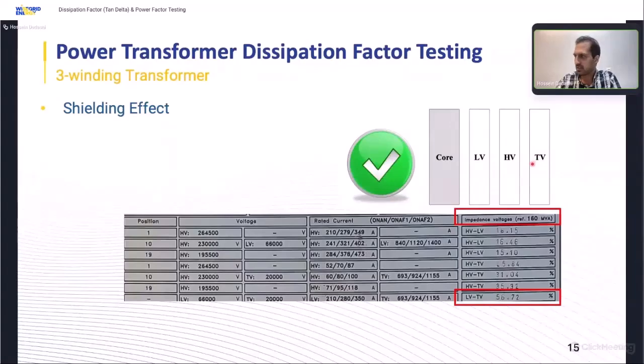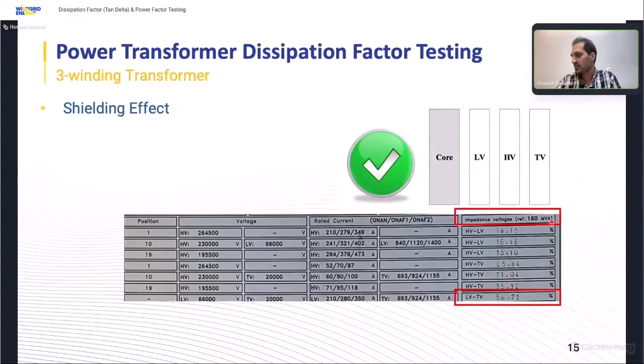But please take care. Take a look at the reference power which these short circuit impedances are per unit. Usually it's based on high voltage winding power. For example, here 160 MVA, but sometimes manufacturers use tertiary winding power for per unit.